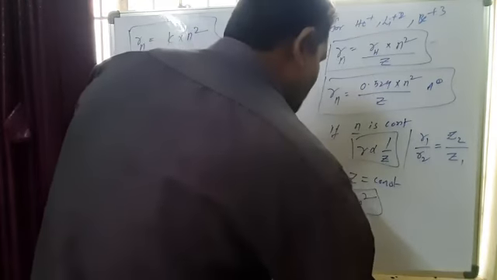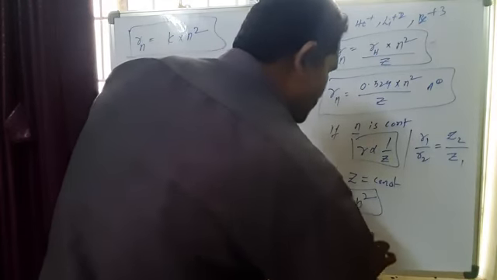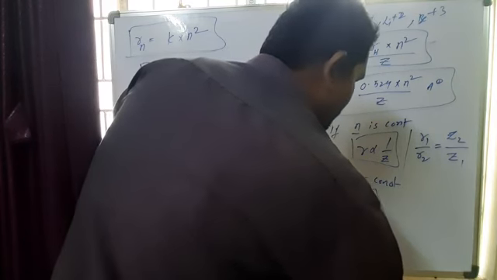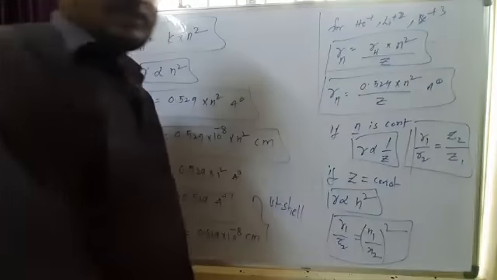And if z is constant, the radius is directly proportional to n square. So from this, r1 by r2 equals n1 by n2 whole square. These are the formulas used for solving some problems.